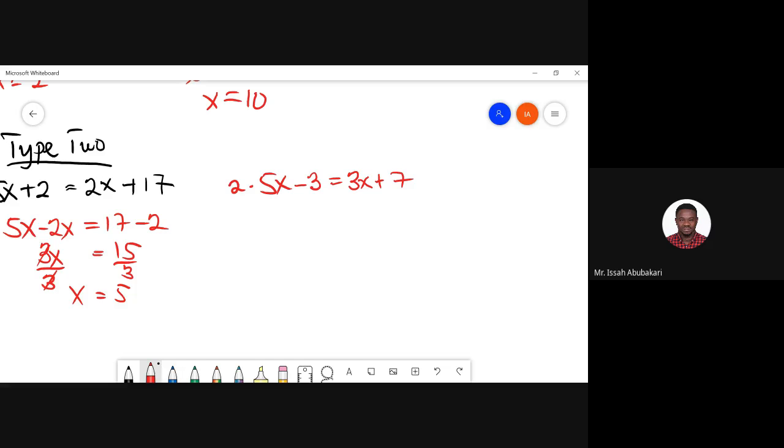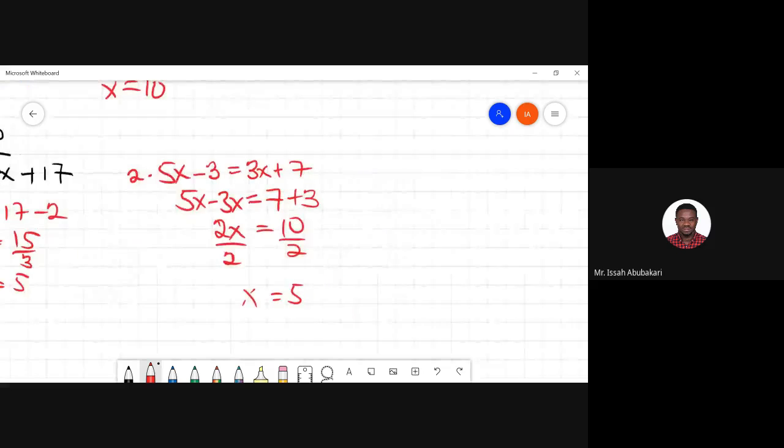We group like terms, all the numbers with variables on the left side. So we have 5x minus 3x is equal to 7 plus 3. This one will give us 2x is equal to 10. And we divide both sides by 2. We get x to be equal to 5.